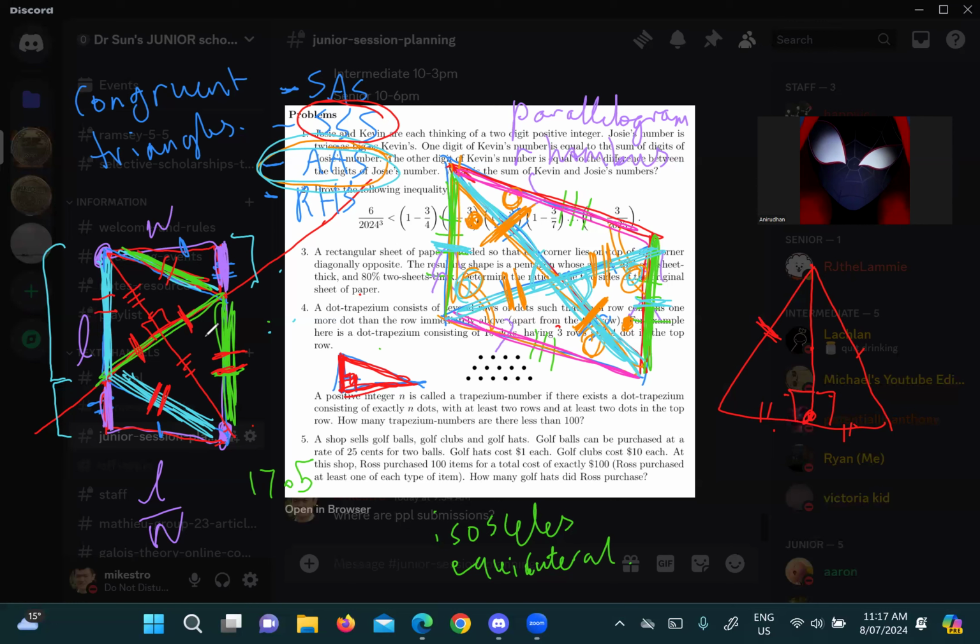So what does it mean to fold along that line? So it's like a unique line. What is that line?